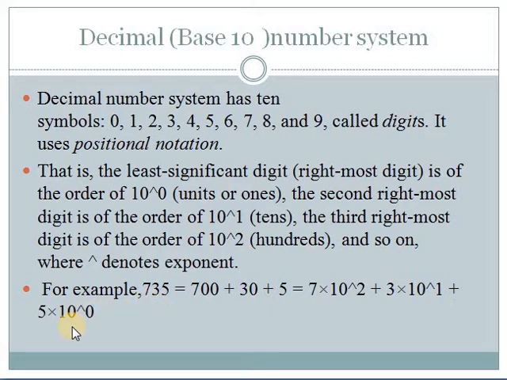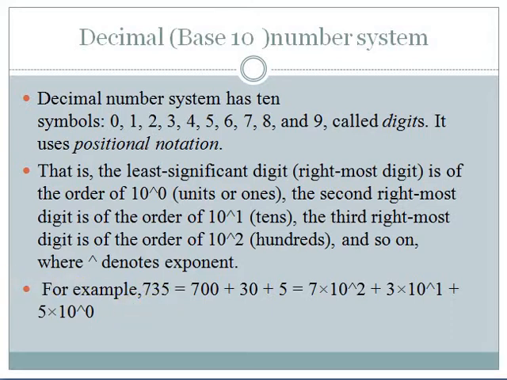Any number to the power 0 is 1, so 5 into 1 is 5, plus 3 into 10 is 30, plus 7 into 100 is 700. So totally 735. This is the decimal base number system.